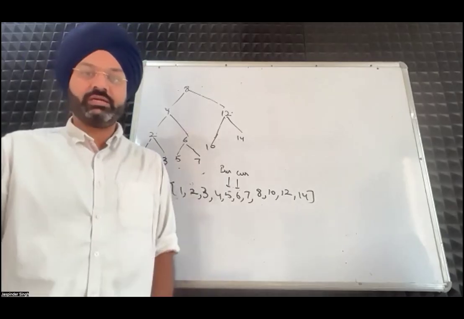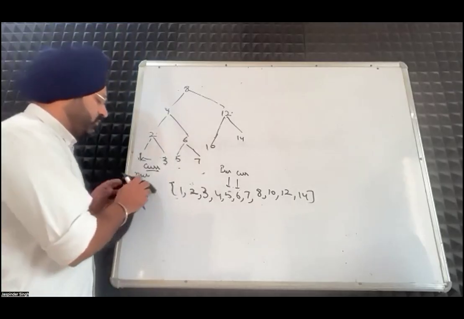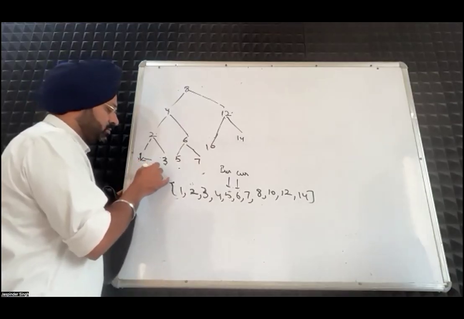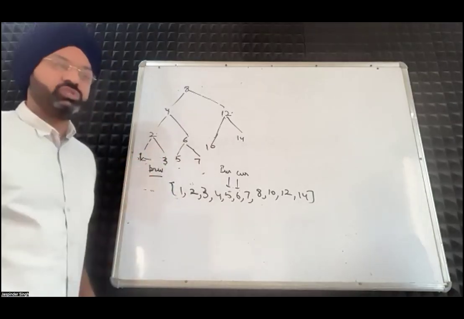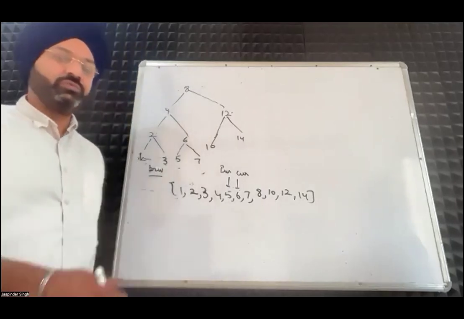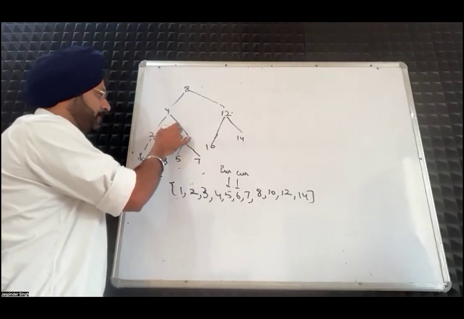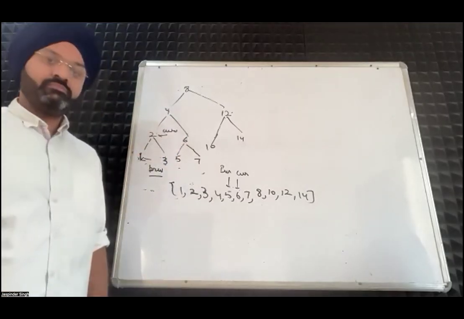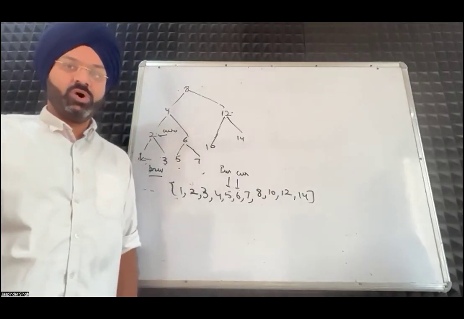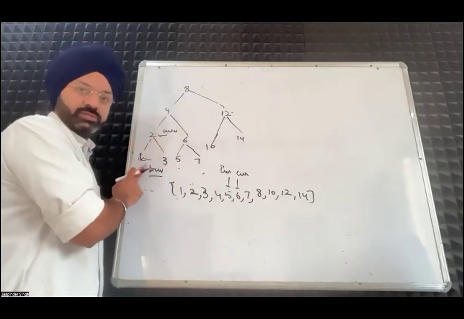There is no previous yet. But once 1 is done, I'll move the previous pointer to the current position, and current goes to the next position. What was the next position in the in-order traversal? What was the next root which was printed? It was 2. When 2 comes out of the stack, or 2 is about to be printed, at that time I'll just compare it with the previous.